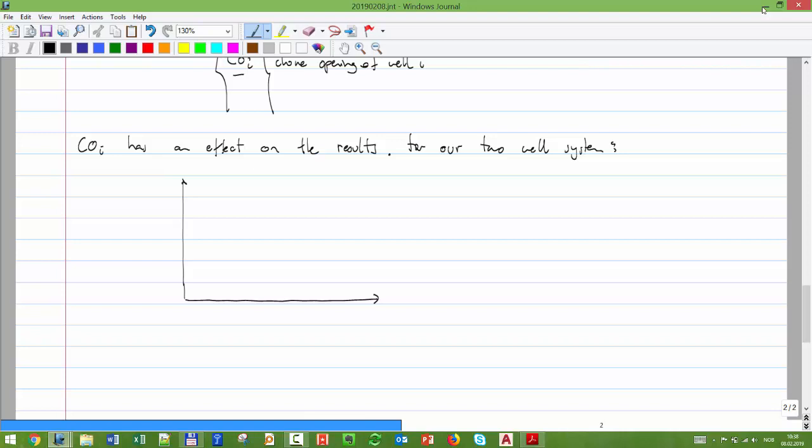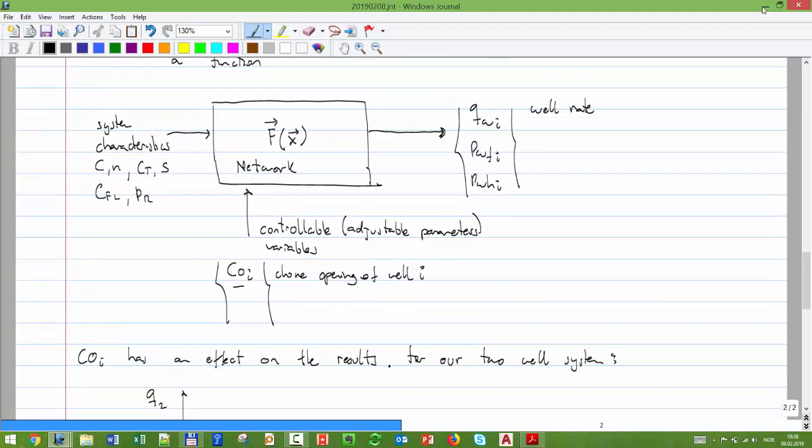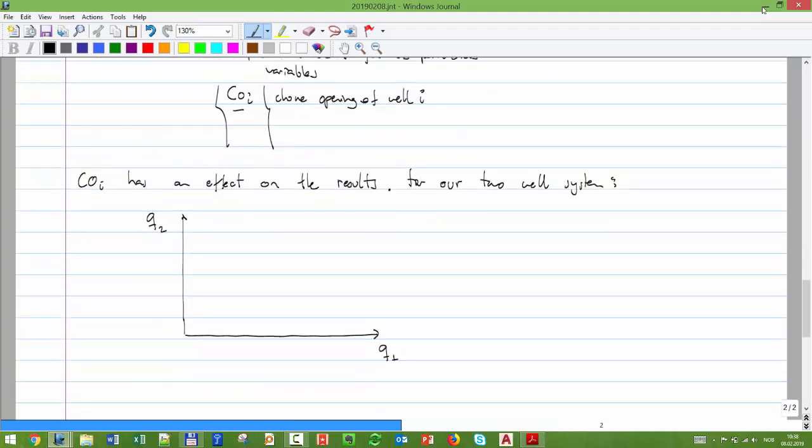We are going to make a very strange plot. We are going to put Q1, the rate of well 1, and the rate of well 2. And I'm going to plot the combination of values that I obtain running this function. So let's make one first. The first point will be when choke opening 1 is, sorry, 100% open, and choke 2 is also 100% open.